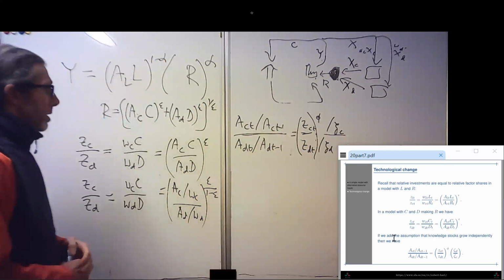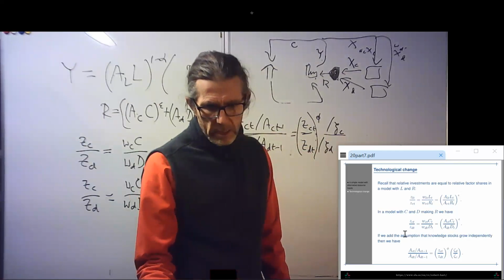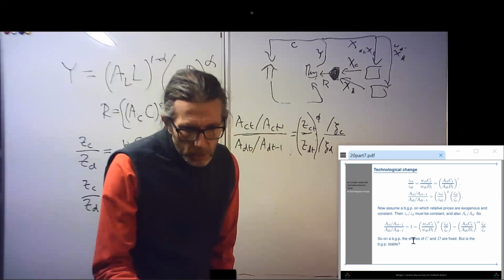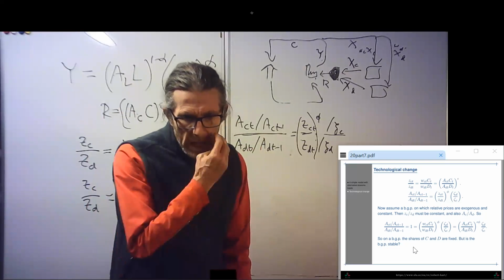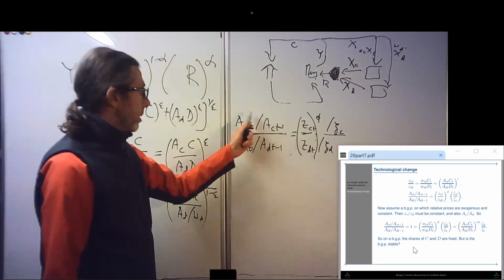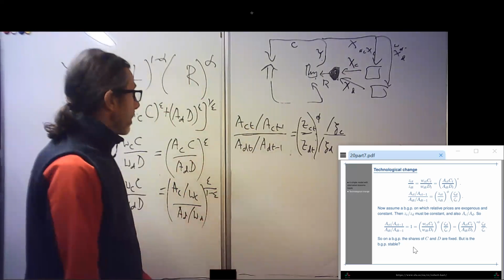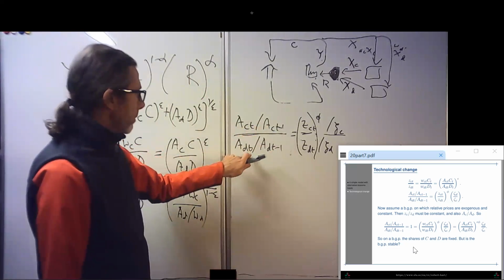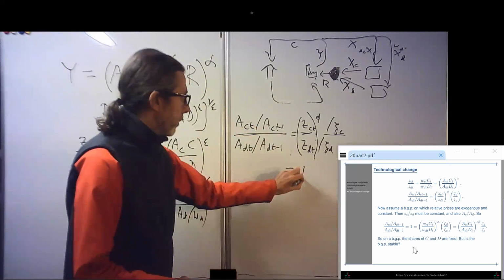I don't think I'm going to take you through this because I don't think it really is that useful. But it turns out we can find a point where it's all balanced, where ACT over ACT minus 1 divided by ADT over ADT minus 1 equals 1.